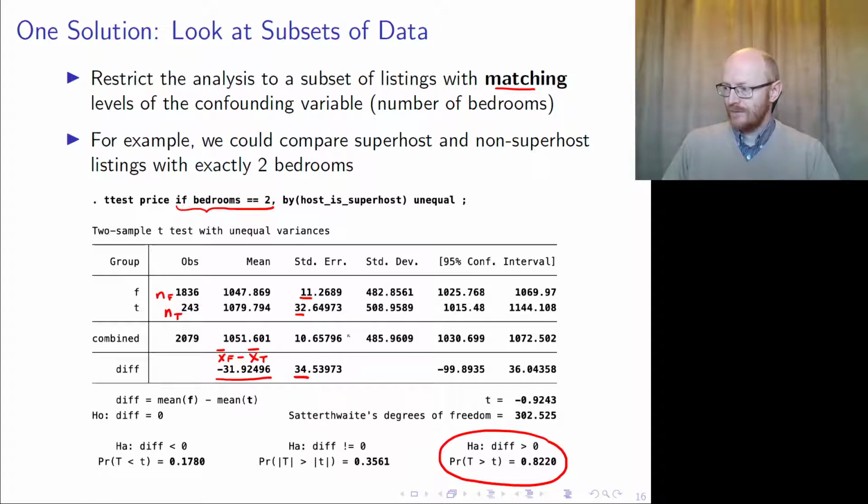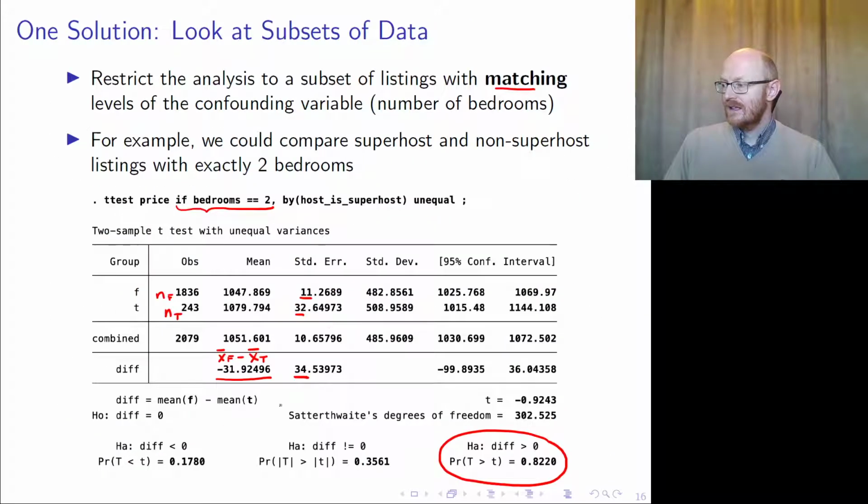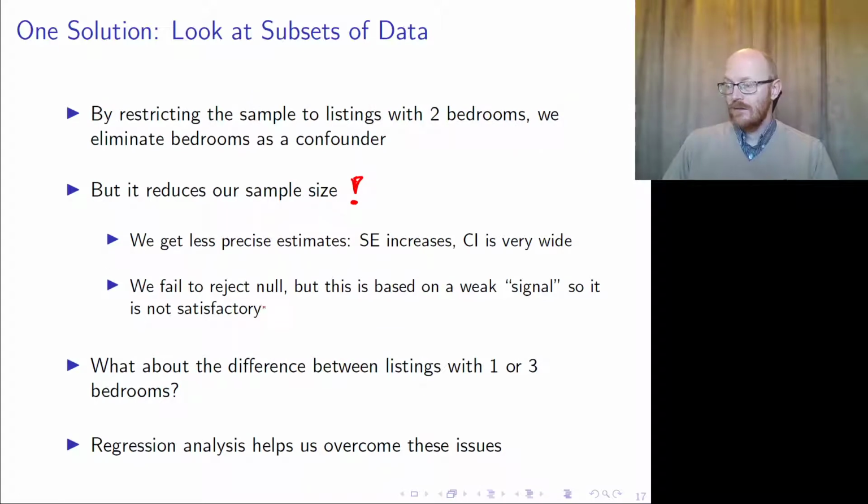For example, the standard error of the difference is now 34, whereas it was only 15 when we used the whole data set. So we failed to reject our null hypothesis, but we get a weak signal.